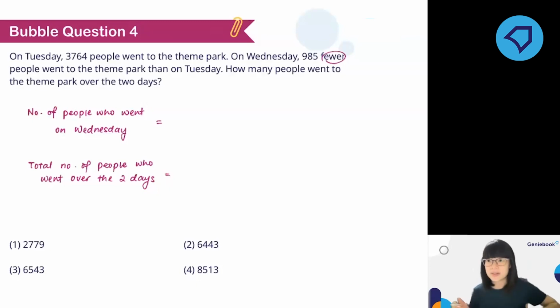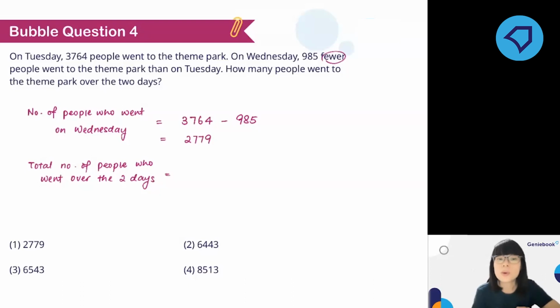Okay, so let's take a look over here. Now, to find the number of people who went on Wednesday, we have 985 fewer people who went to the theme park on Wednesday than on Tuesday. So you need to take Tuesday minus away the fewer number of people. Okay, so when you take 3,764 minus 985, you will get 2,779. But this is only on Wednesday.